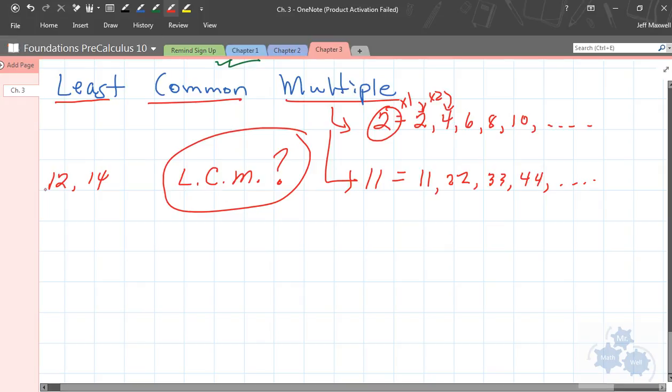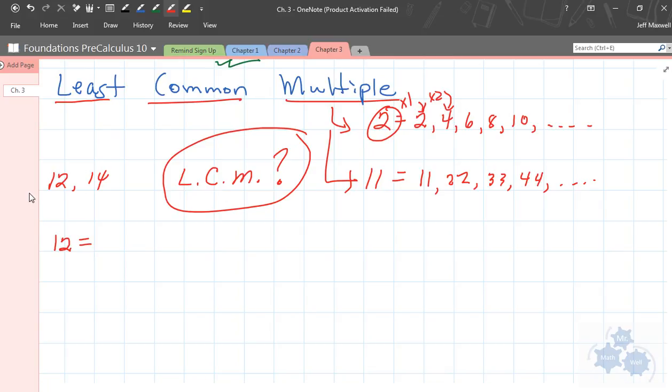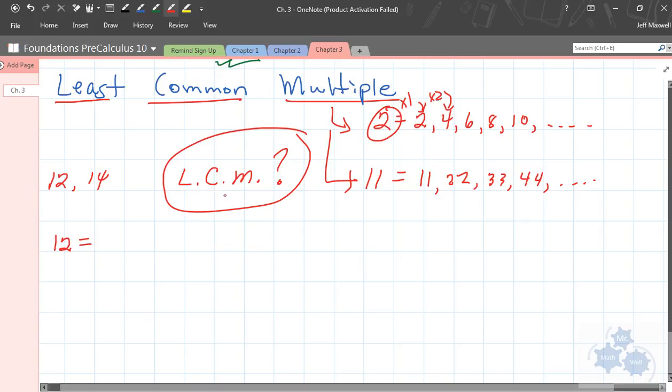We're not talking about a common factor. We're talking about multiples. So remember, multiples have to be bigger than the number, not smaller. You cannot have a multiple that's smaller than 12. Okay, so again, we're not talking about factors. Instead, we're talking about multiples. So let's list some multiples of 12. This is pretty easy actually to do in your head, right?